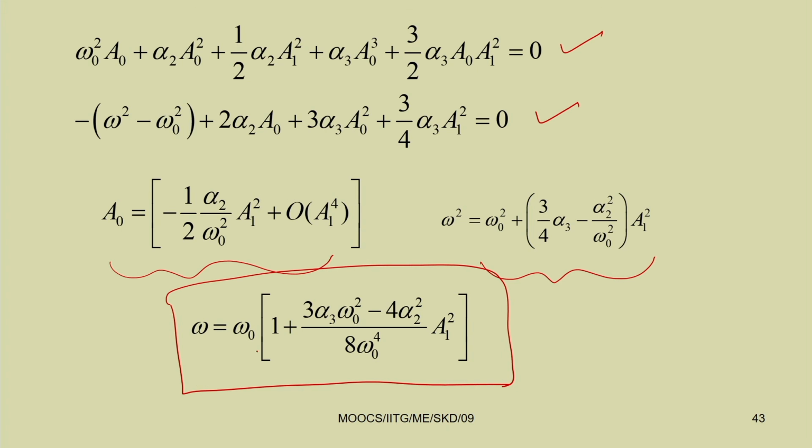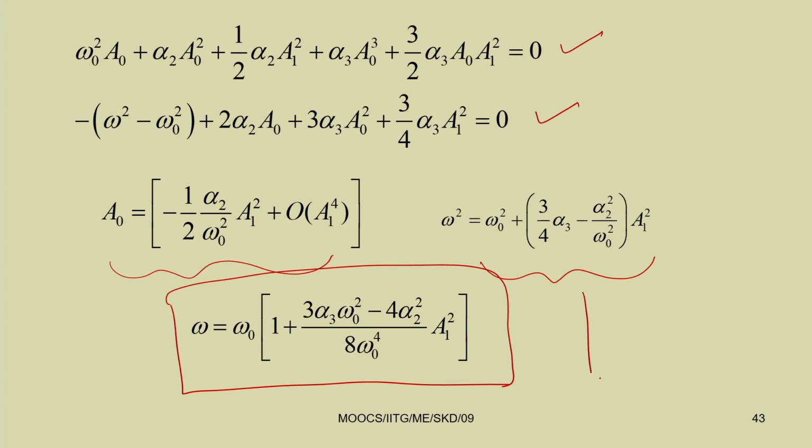Here omega equals omega 0 into 1 plus 3 alpha 3 omega square minus 4 alpha 2 square by 8 omega 0 fourth a 1 square. By taking more terms, you can get more and more accurate expression for omega.